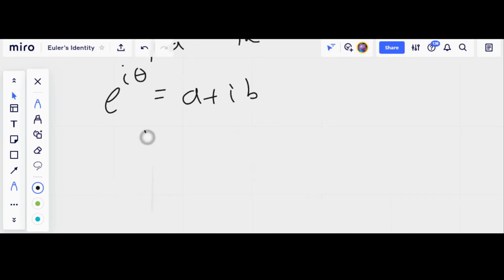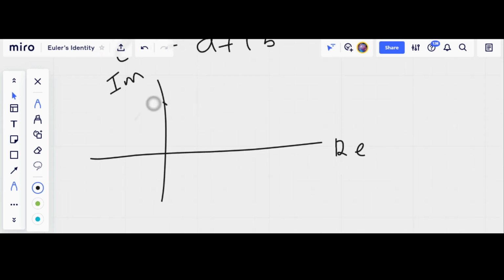So let's draw this out really fast. This is the imaginary axis, and this is going to be the real axis. We're just going to draw the circle. We're going to have an angle here, we'll call it θ.